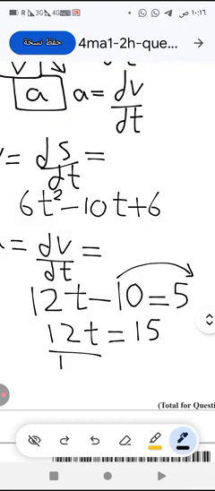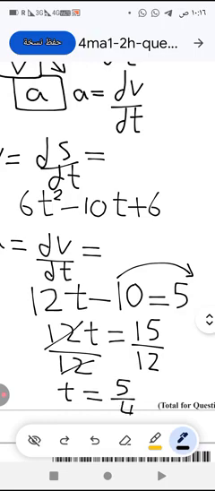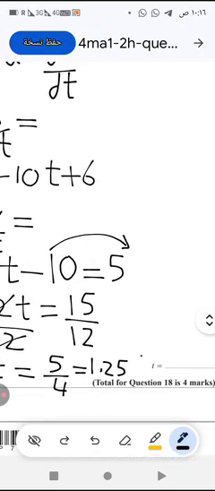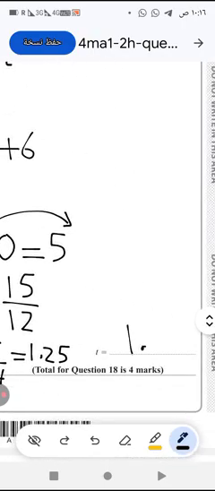Divide by 12 on both sides. We get t equals 15 over 12 or 5 over 4. Simplify 5 over 4 or 1.25. This is the value of t, 1.25.